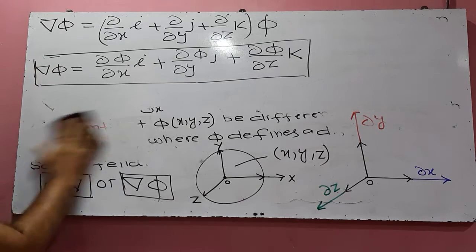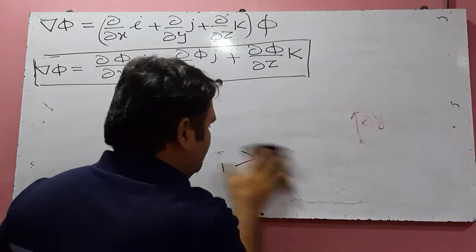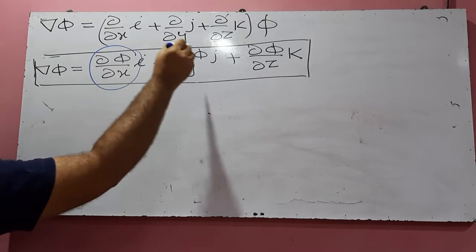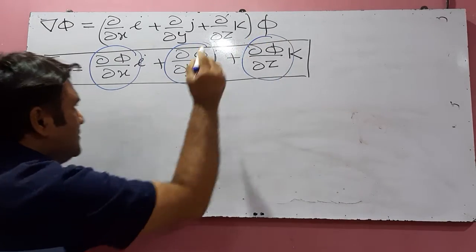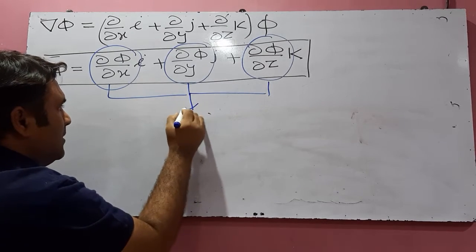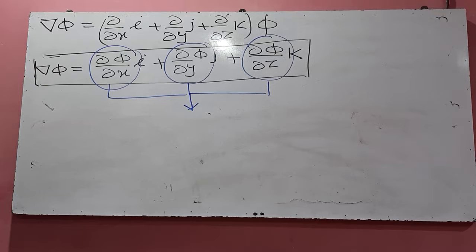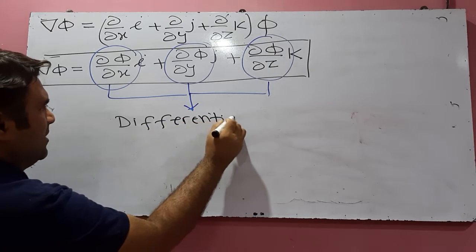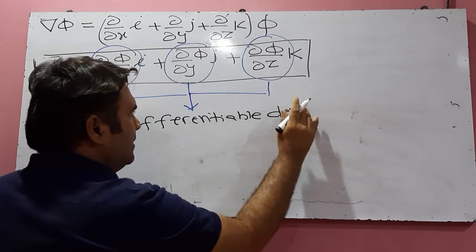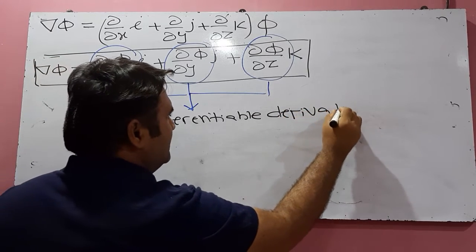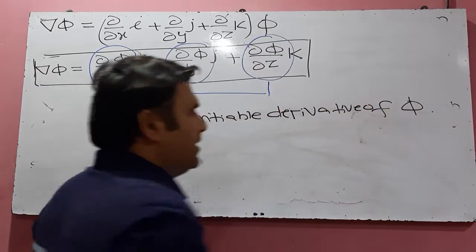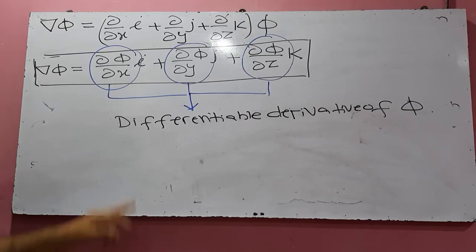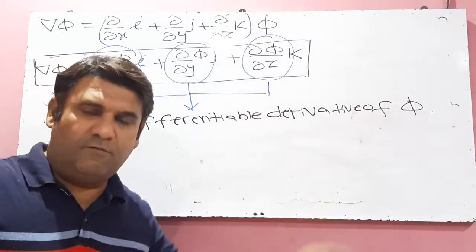My dear students, the above expression, this term and this term are known as differentiable derivatives of phi. d phi over dx, d phi over dy, d phi over dz, they are known as differentiable derivatives of phi.